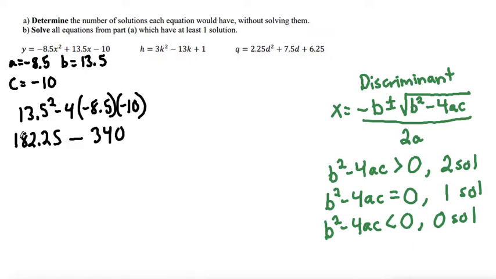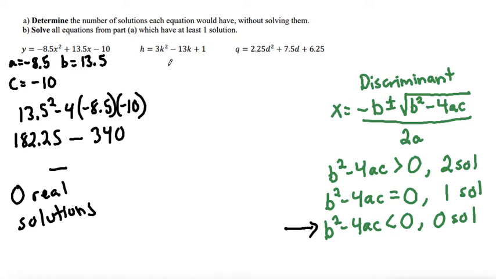And since 182 is the smaller number, a smaller number minus a bigger number is a negative. So since we have a negative discriminant, we are in this rule and we have 0 real solutions for that one.